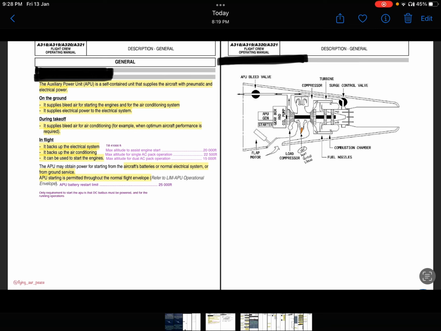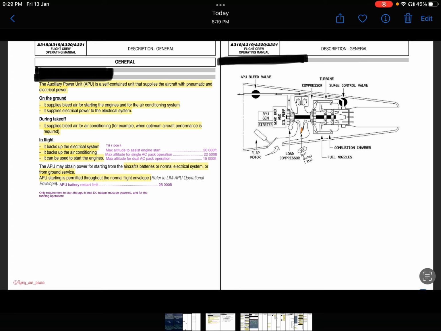There are some limitations which you can find in the limitation section of FCOM and read the APU's limitations. I have jotted them down here. The maximum altitude at which APU can assist an engine start is 20,000 feet.